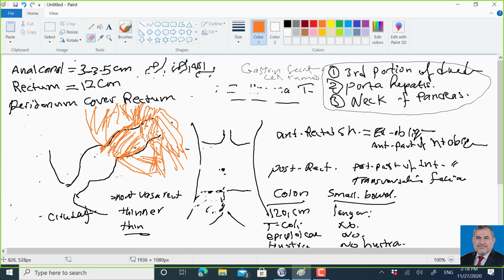For example, kidney is a retroperitoneal structure. Aorta is a retroperitoneal structure. And part of pancreas is a retroperitoneal structure.